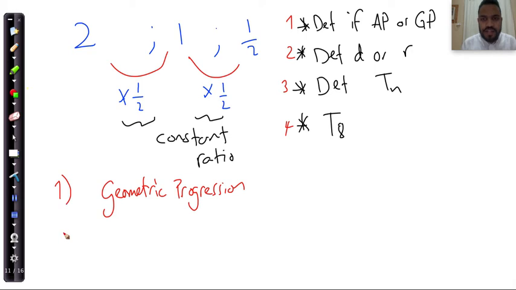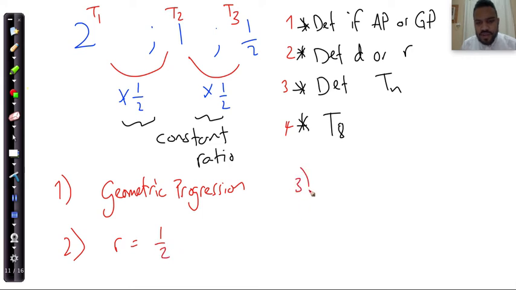Question 2, determine D or R. If we have to determine D, it means that we take T3 minus T2 and T2 minus T1, and they must give me exactly the same thing, but clearly D is not applicable. When we take a half divided by 1, we get a half, and 1 divided by 2 also gives me a half. So in this case, we determine R. R is equal to a half.